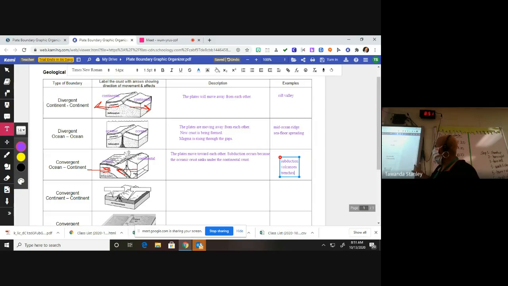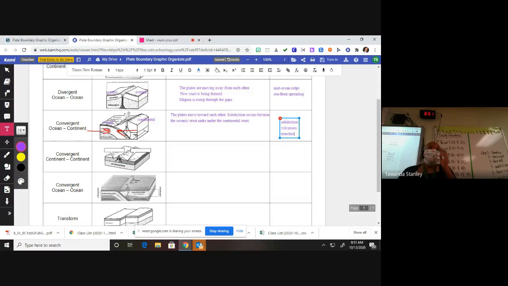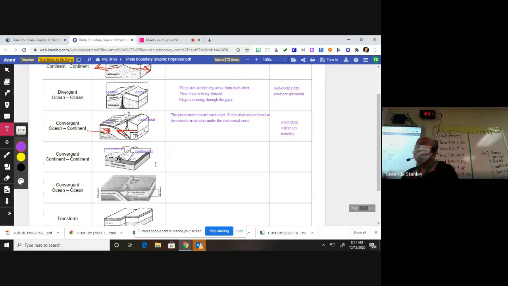Okay. Now, the next one, we have a picture, and we're still dealing with convergent boundaries. We have a convergent boundary, but it is continental, continental. So we have two pieces of continental crust, which are also known as the land crust. So we're going to put continental here. I'm going to put continental here too. All right. And then we're going to do our arrows.